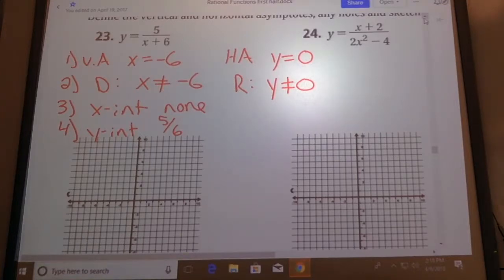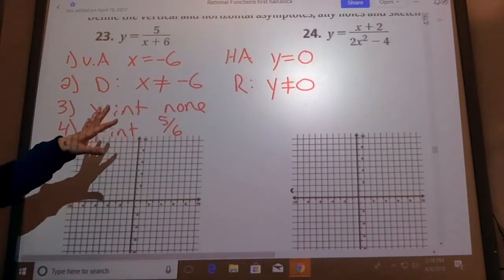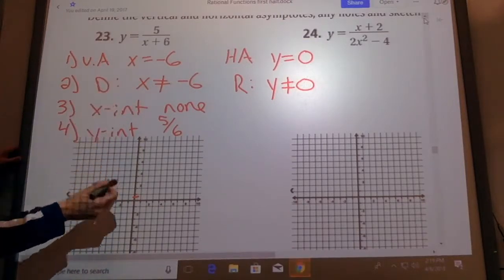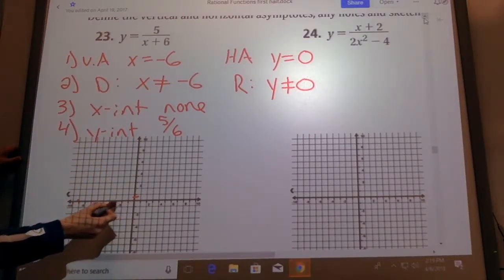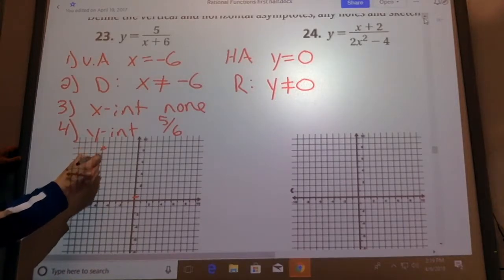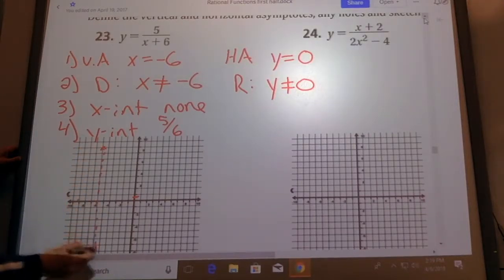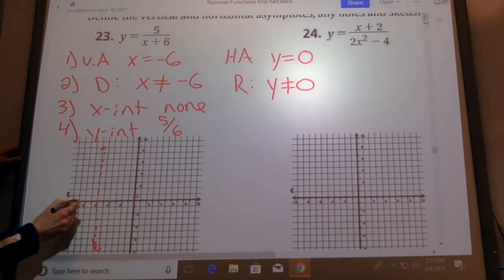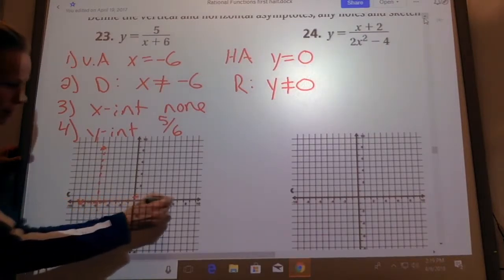All right, and then to graph, graphing is fairly simple. All I want you to do is sketch in your information. So I put in a vertical asymptote of -6. Sorry. You had this over. Y-intercept of 5/6, horizontal asymptote of 0.